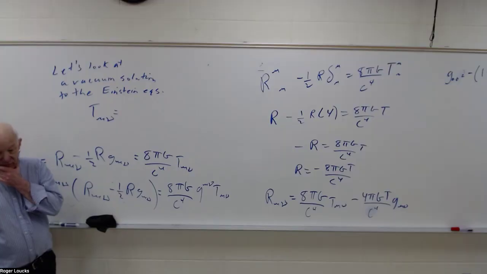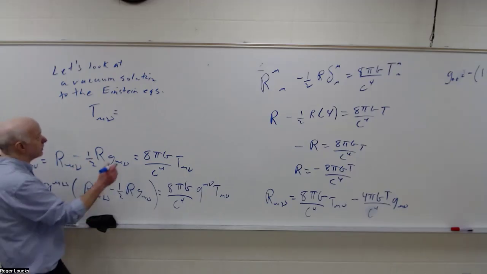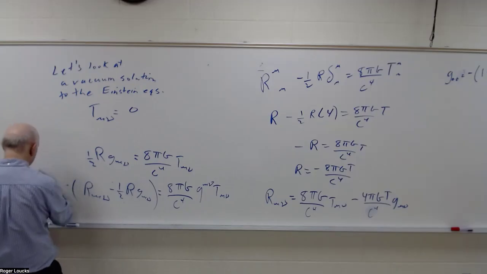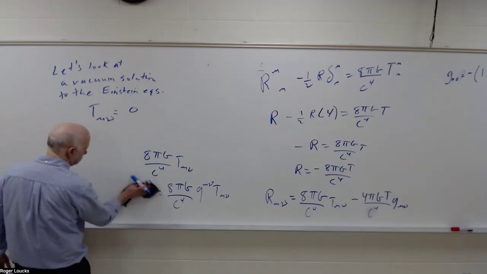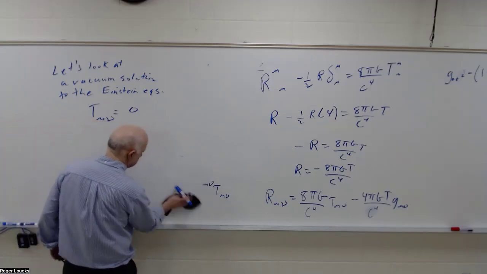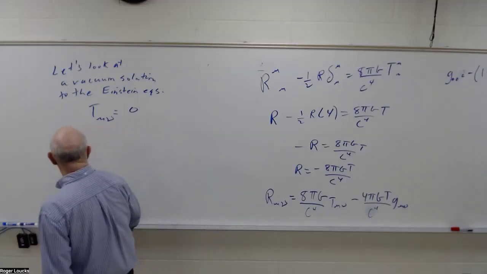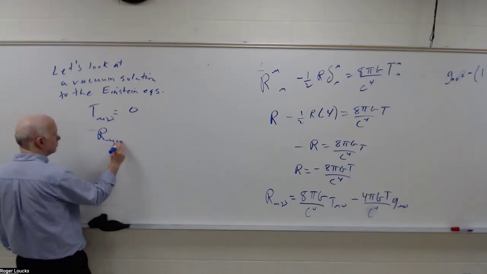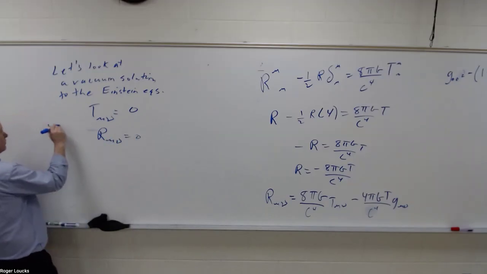This is as stupid as you think it's going to be. Either 1 or 0. One of those is correct. 0, because there's nothing there, it's a vacuum. So it has to be 0. So what we want to do is solve this.